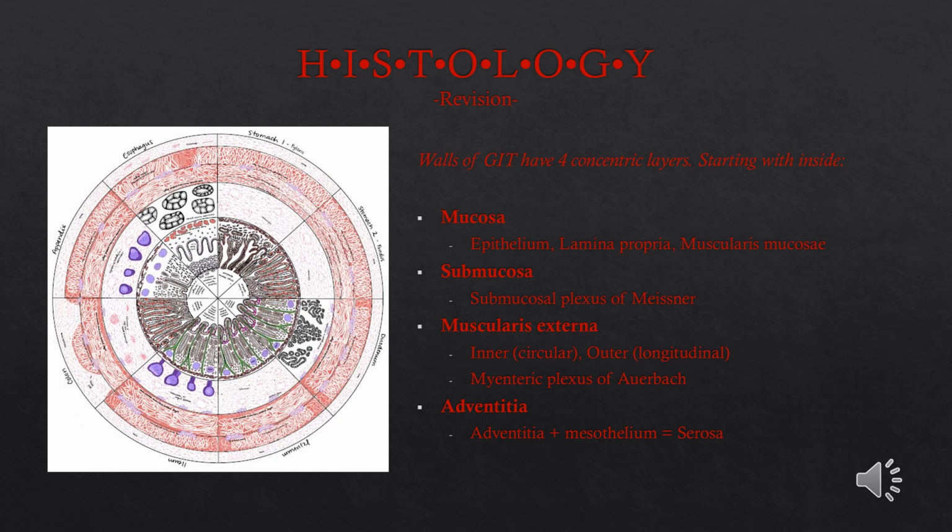The muscularis layer of the stomach is also pretty unique because instead of the two typical layers of the GIT, the muscularis layer of the stomach has three indistinct layers. They are an inner circular, an oblique, and a longitudinal layer.